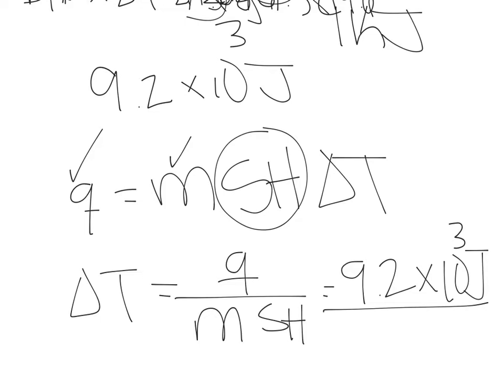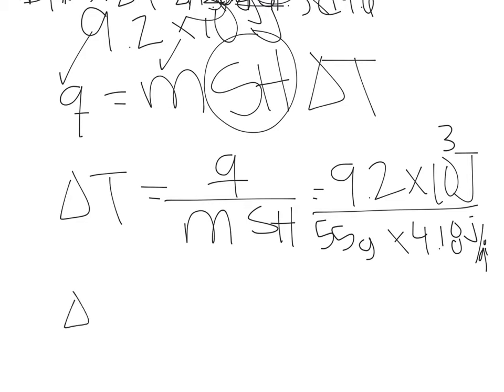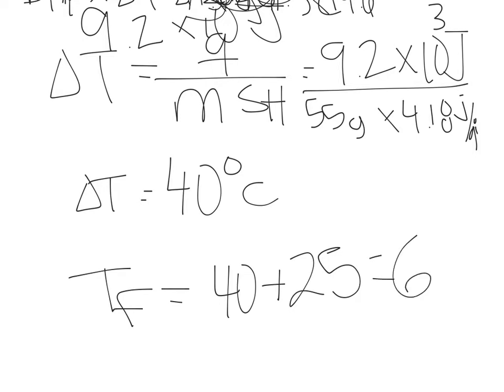The mass was 55 grams, and the specific heat capacity of water is 4.18. Again, you don't have to memorize it. It's given in the tables. We do the math, and we get that delta T is equal to 40 Celsius. The question is, what is the final temperature? So we know that the initial temperature was 25. The final temperature is going to be 40 plus 25, which is equal to 65 Celsius.